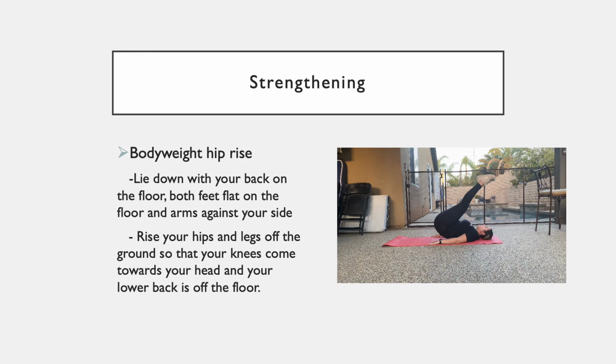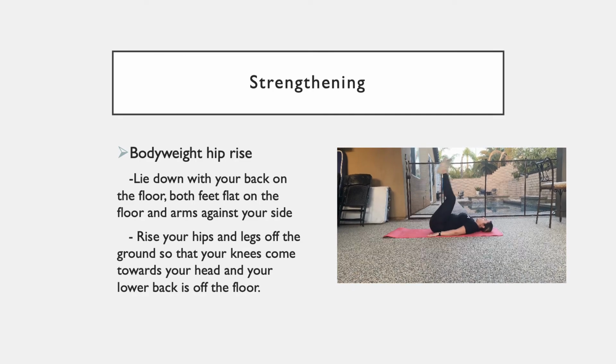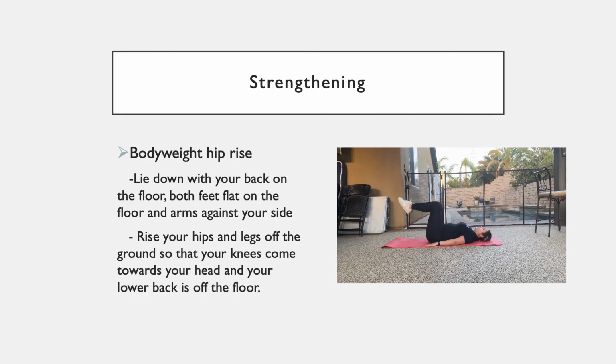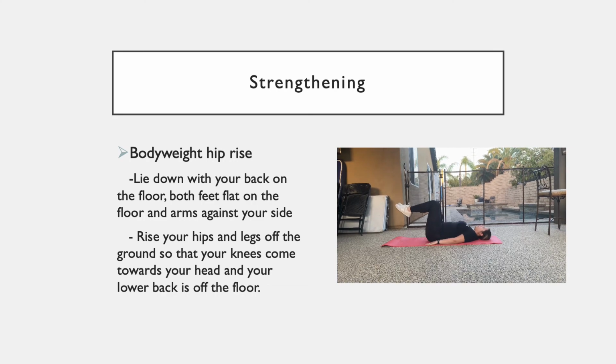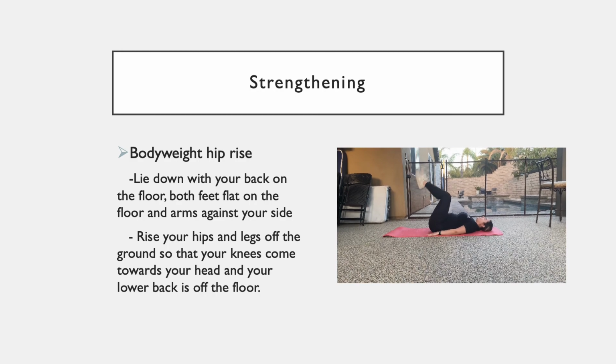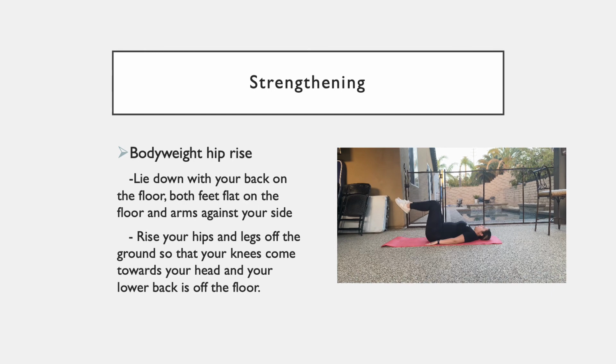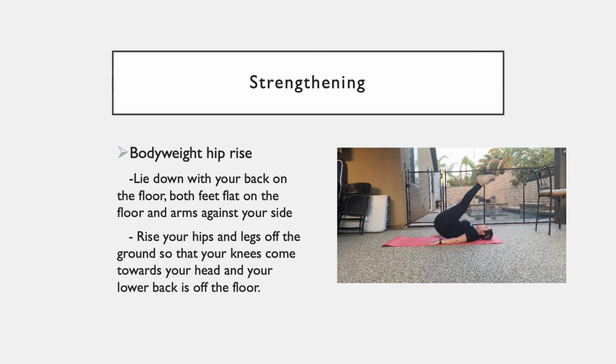So you can see right here, again in the video, that I lift up and my hips aren't touching the floor anymore. If you want to modify this because you're unable to do it, you could tuck your hands under your butt area, and this will help you feel more stable, and it may help you lift yourself up.